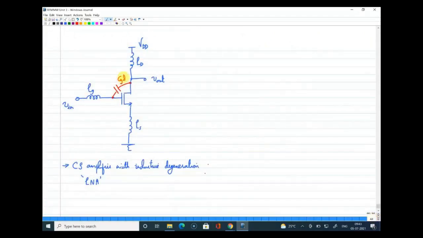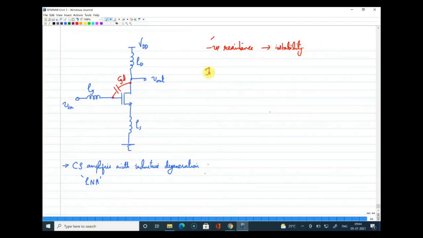Since the input and output are directly connected through this capacitance CGD, this can lead to some form of negative resistance, or to instability. So we need to adopt suitable techniques so that there will not be direct interaction between the input and output port.